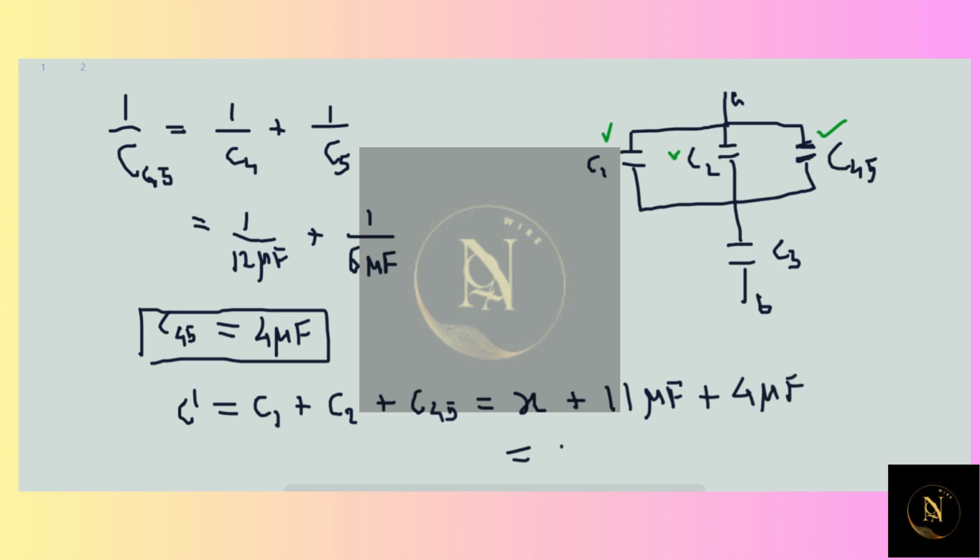So it becomes X plus 15 microfarad. So this is the net capacitance of the combination of parallel capacitors C1, C2 and C45.